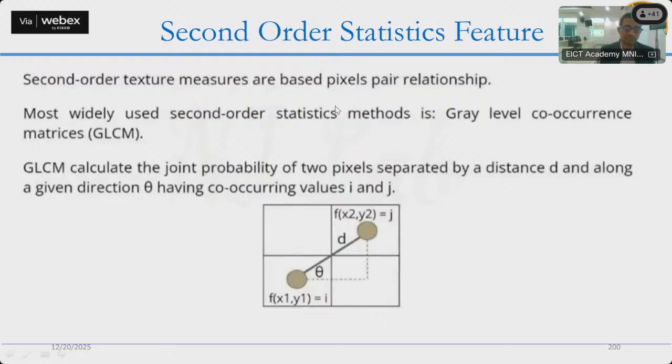In second order statistics, texture is basically the pixel pair relationship. It is most widely used. It is the gray level co-occurrence matrix. Here, the gray level co-occurrence matrix calculates the joint probability of two pixels separated by distance d and along a given direction theta, having co-occurring values i and j.